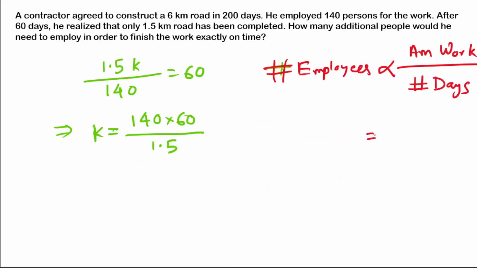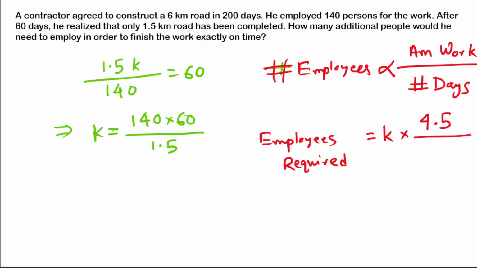So now employees required is k into the amount of work that is remaining, 4.5 kilometer of road, by the number of days that is remaining, 140. So this is what is required.